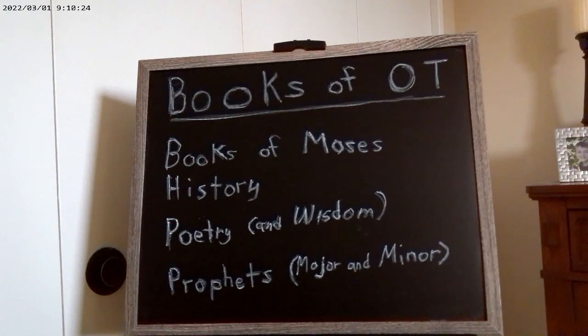Now, I am going to put text overlays on these various parts of the video to name specifically the books. In some cases, I didn't have any notes in front of me, so I knew I wasn't going to be able to name all those minor prophets, and I wasn't sure I was getting the poetry group perfectly, and so I'll get it right with the overlay.